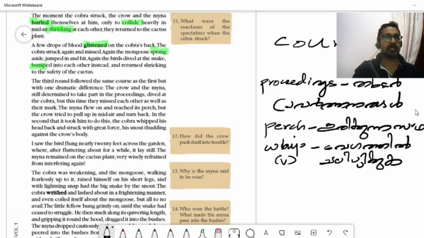This time the cobra, what did the cobra do? It bit the crow, thudding against the crow's body with great force. Thud.